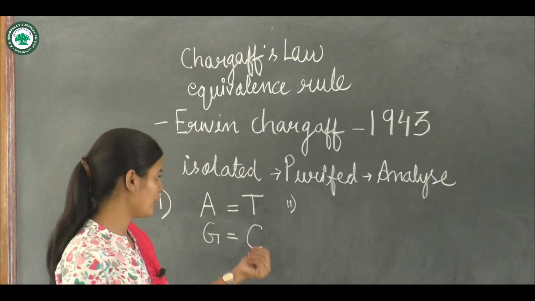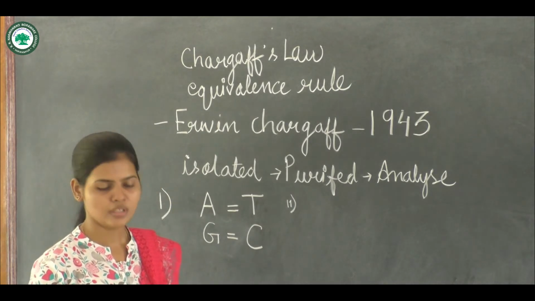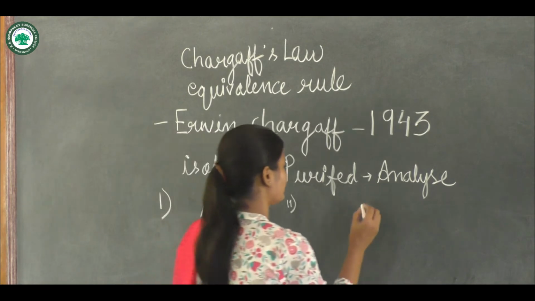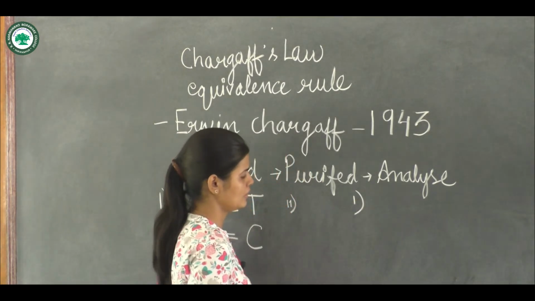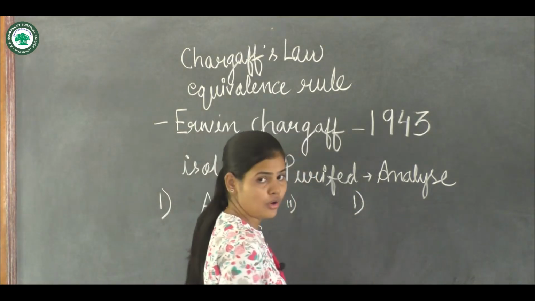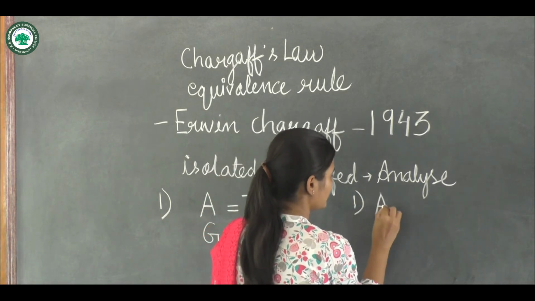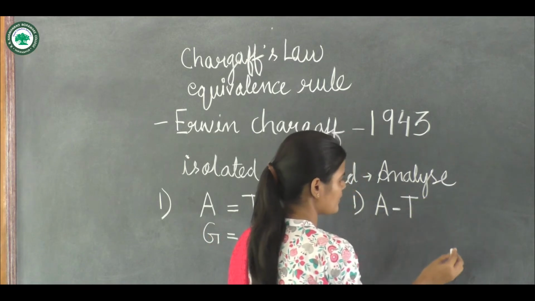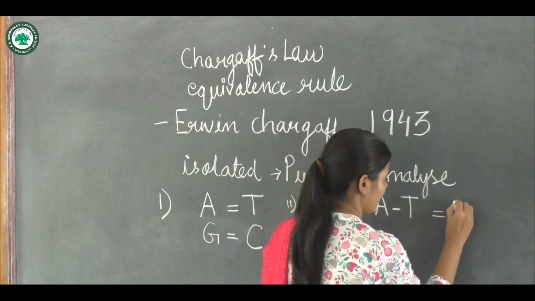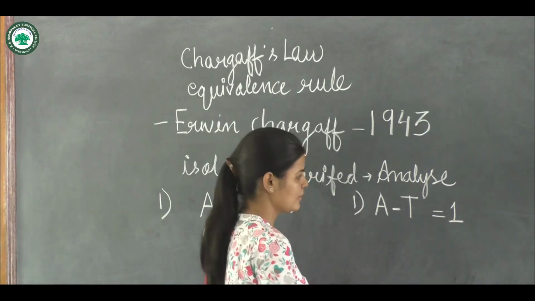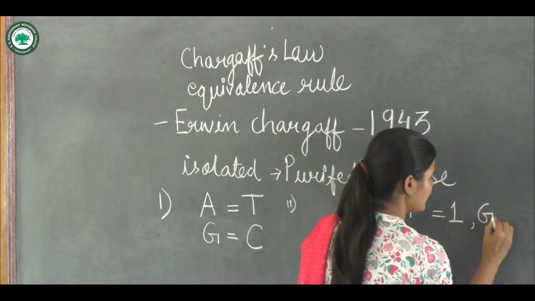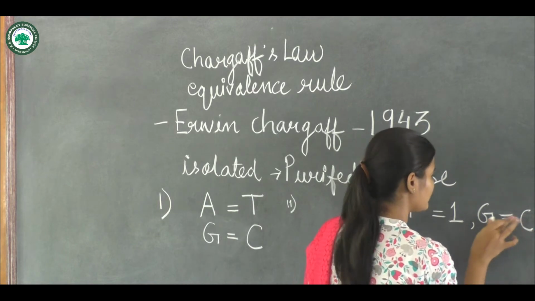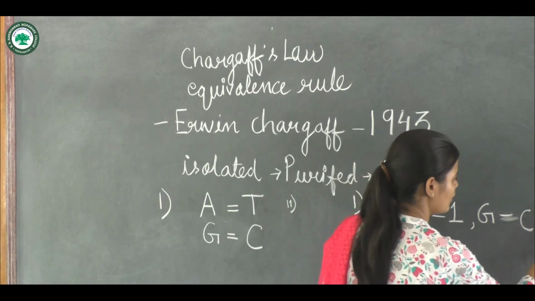On this basis, three things were further concluded. First, the ratio of A to T is equal to 1, and similarly the ratio of G to C is also equal to 1.